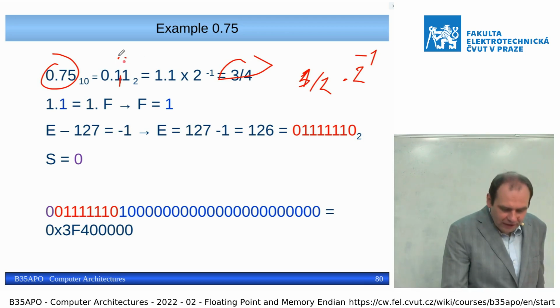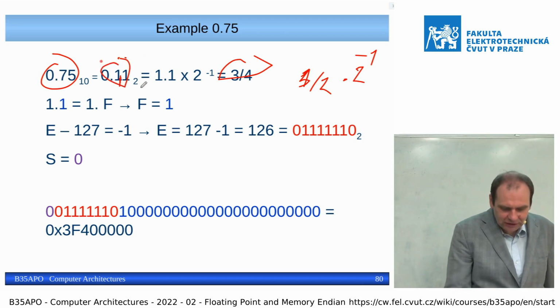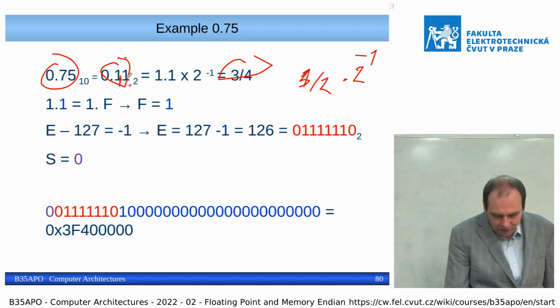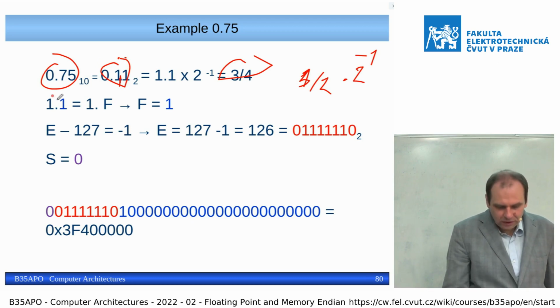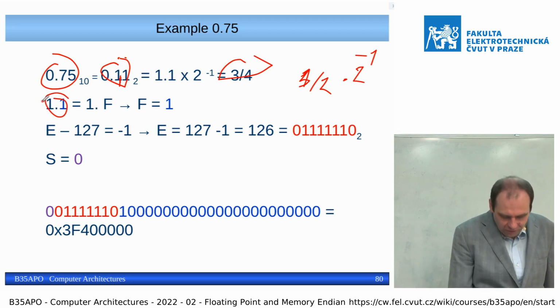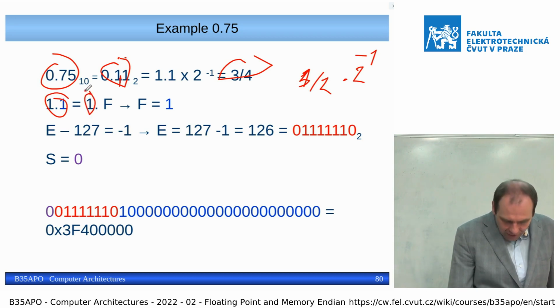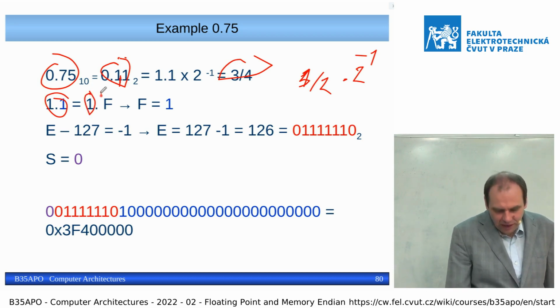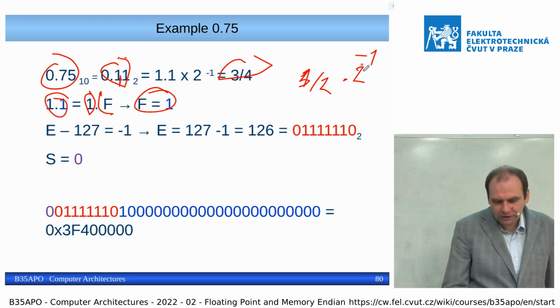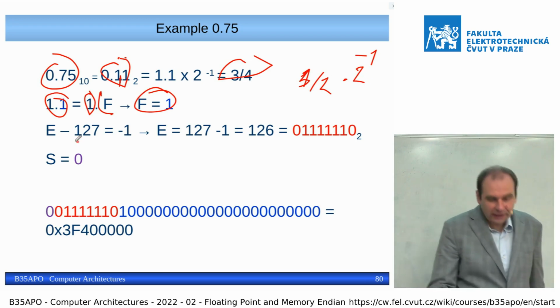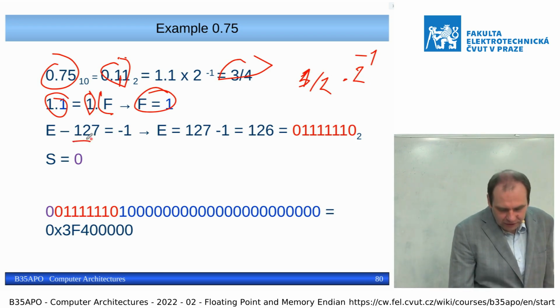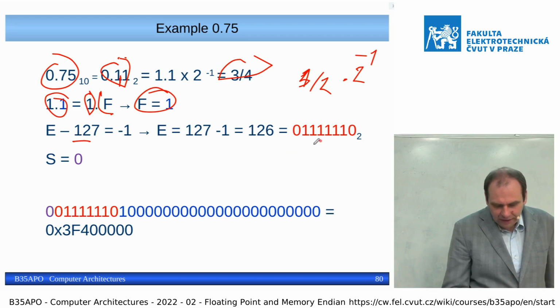Or you can write it directly, because you see that it is binary value, this binary value, and we need to move the mantissa. So it is 1.1. 1 is that hidden one, basically, which is fixed. So fraction is only the 1. And because exponent is negative, then we subtract the 1 from 127.